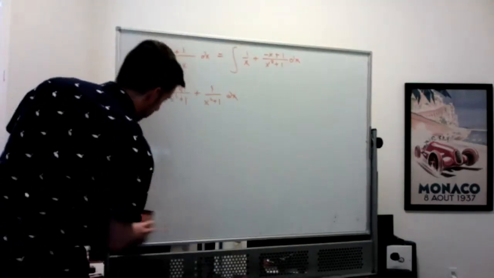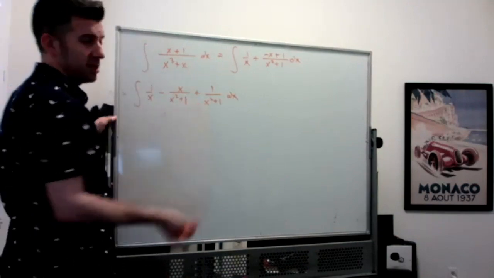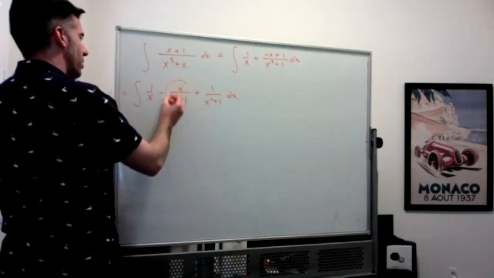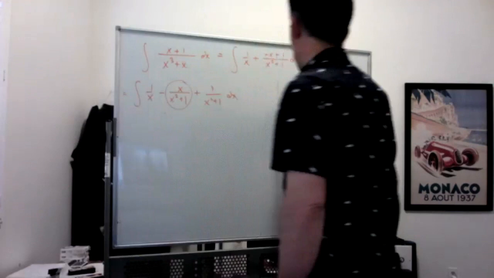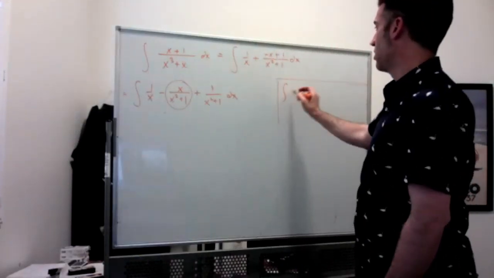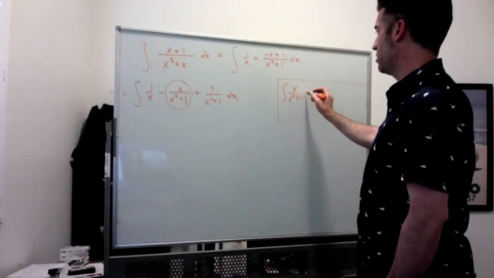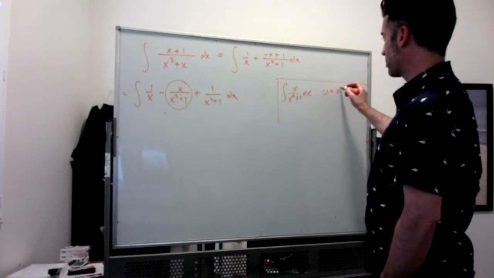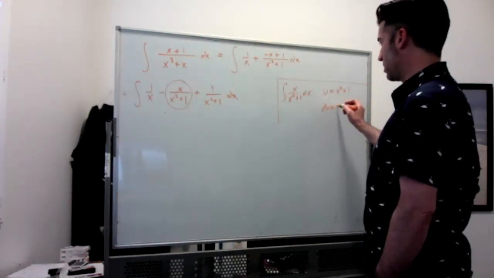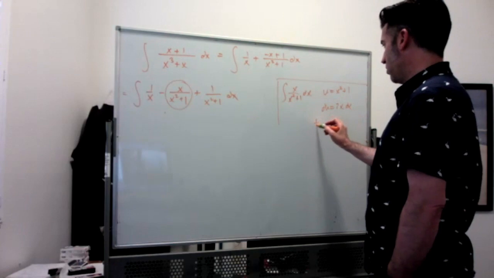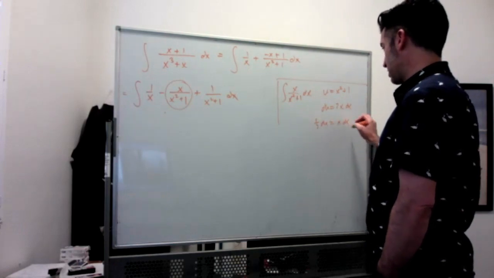Okay, now, 2 of these are easy, 1 of these is not. This integral here requires a U-sub. The integral of x over x squared plus 1, you're going to let u equal x squared plus 1. Du is going to be 2x dx. 1/2 du is x dx.